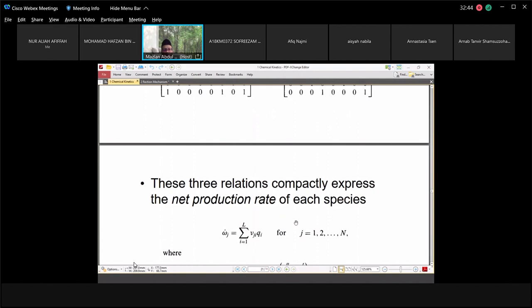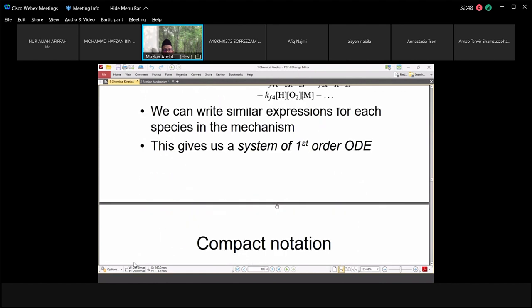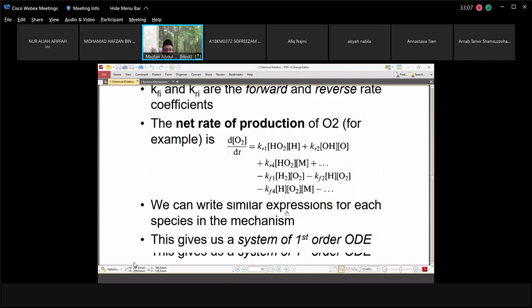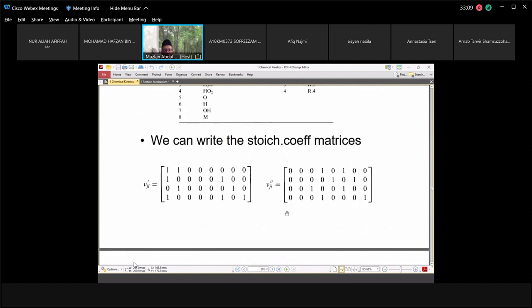For the net production rate of each species, for example we take the first one, oxygen. Net rate of production of each species, in this case oxygen. Some terms are positive, some are negative. This can be simplified by using this notation.